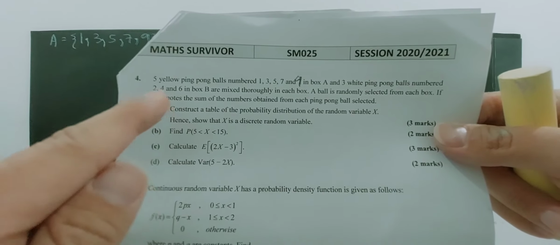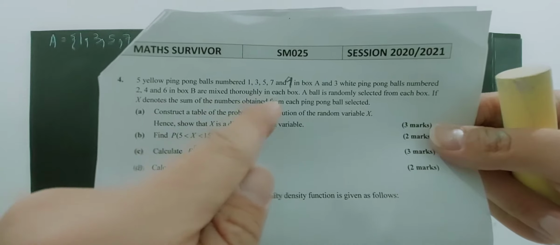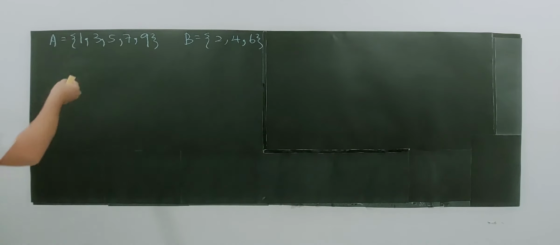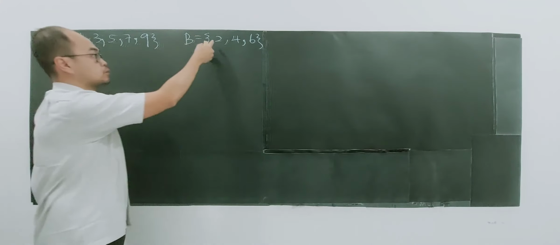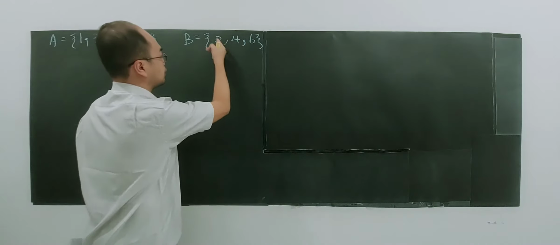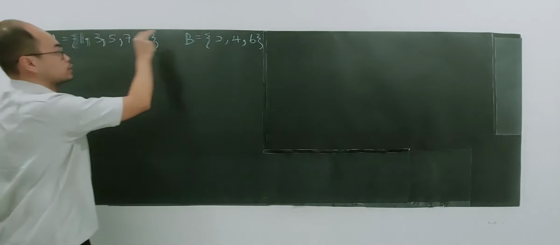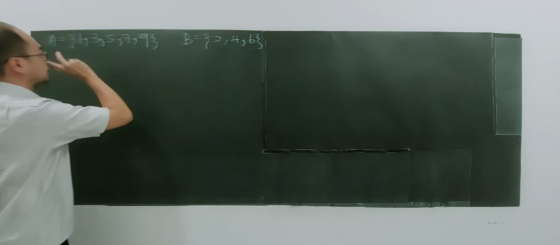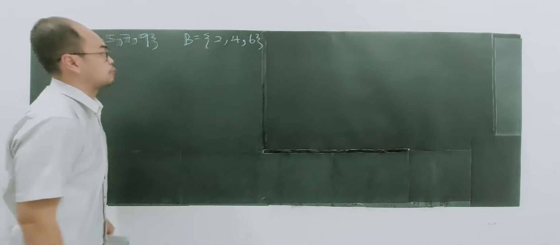For example, from box A you get a ball with number 3, and from box B you get a ball with number 2. You add up the two scores, so the score will be 5.